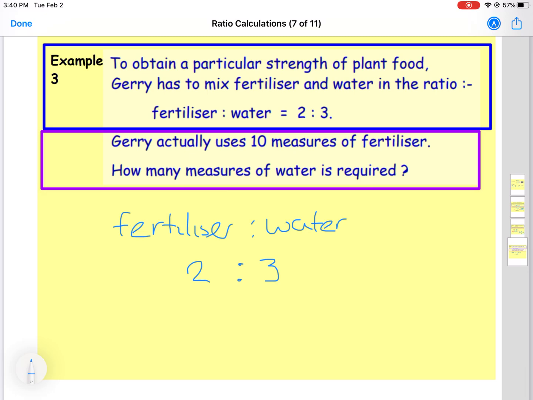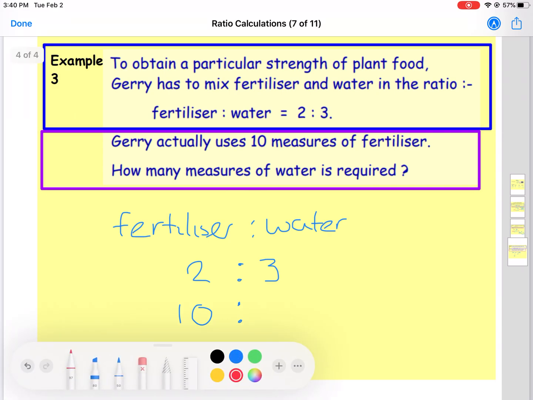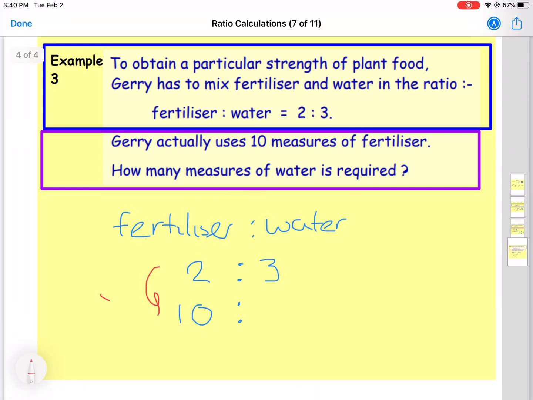So Jerry actually uses 10 measures of fertiliser. So he's maybe put a bit too much in. But that's okay. All he has to do is put a bit more water in. So we've got to work out how much he's used here. Times that by 5 to get up to 10. Times it by 5 here to get up to 10 as well. Take that to 15. So how many measures of water is required? 15 measures of water.